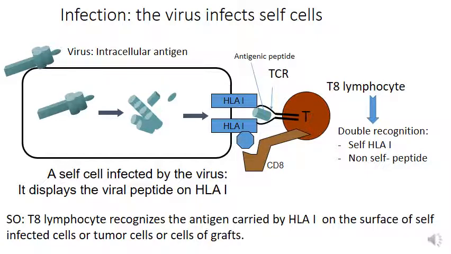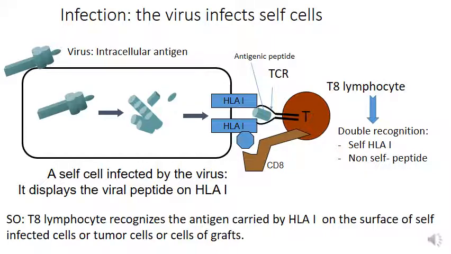Okay, which type of T lymphocytes are activated here? As you see in the figure, it is T8 lymphocyte. Why T8 lymphocyte? Because T8 lymphocyte, mature T8 lymphocyte, are characterized by their ability of making a double recognition. A recognition of the self HLA class 1 and a recognition of the non-self peptide.